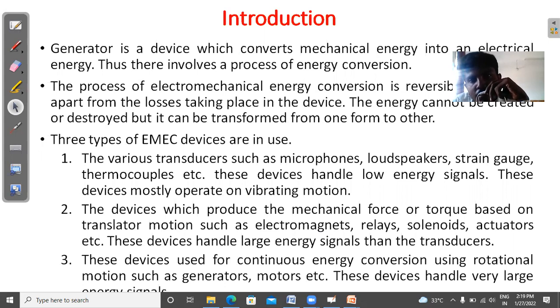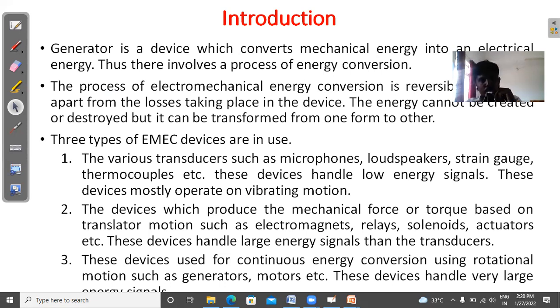A motor is used to convert electrical energy to mechanical energy. This is called the energy conversion principle.